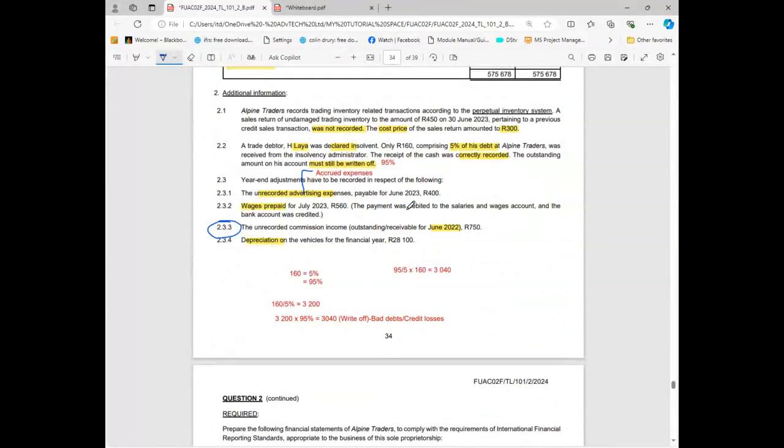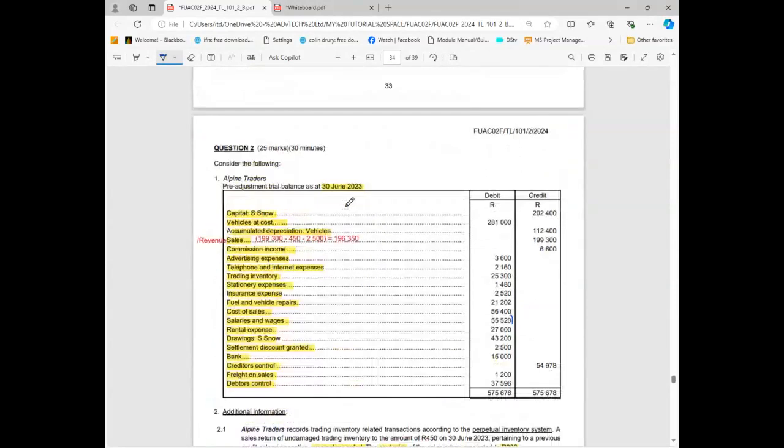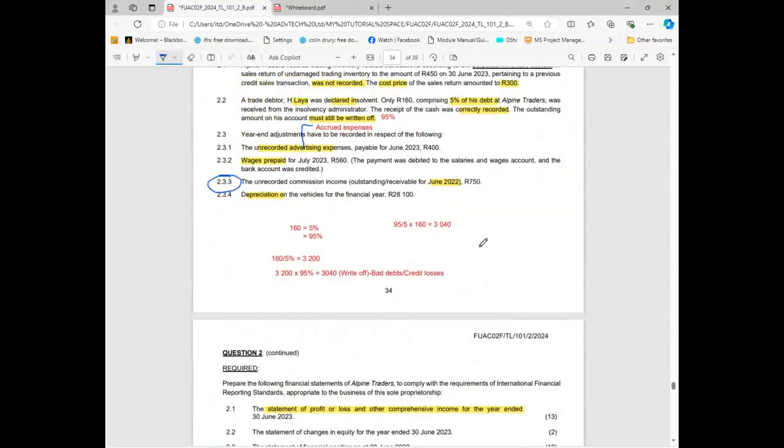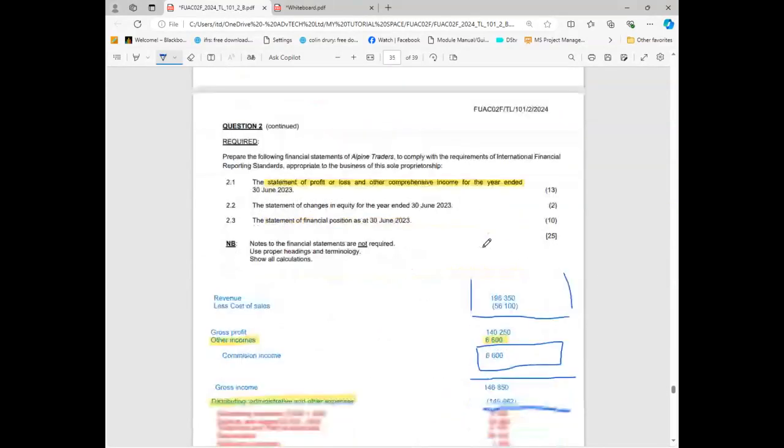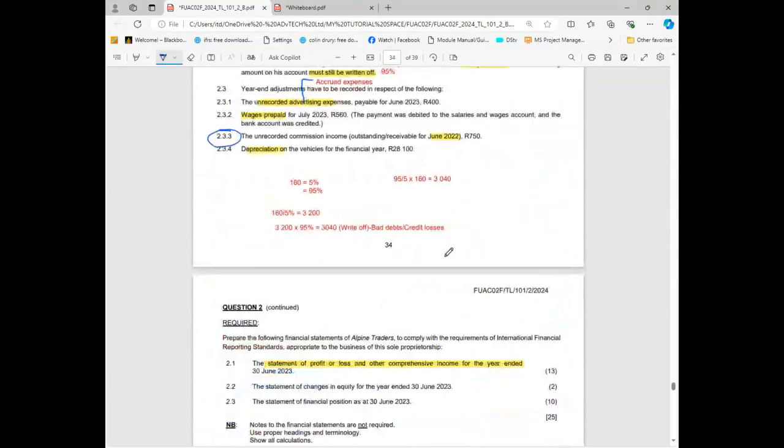Né? Let's see here what they made. They said this was dated as service, and no, this one is okay. So this is just a prepaid. Yeah, just trying to check what could go wrong.